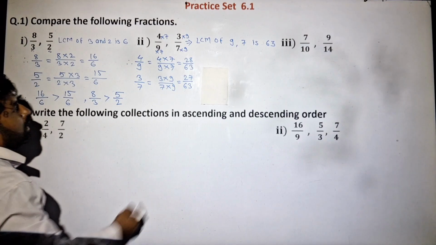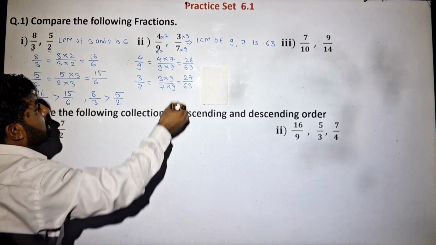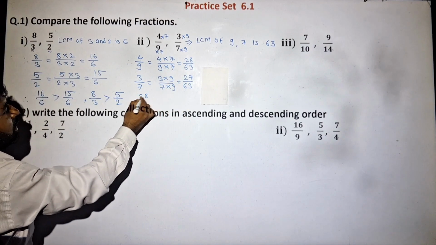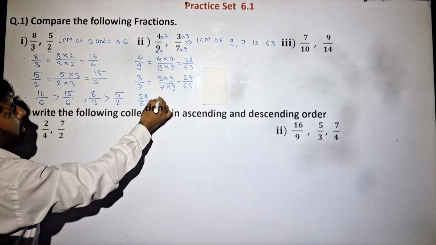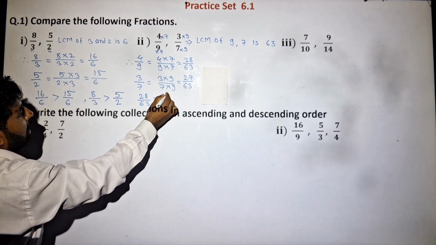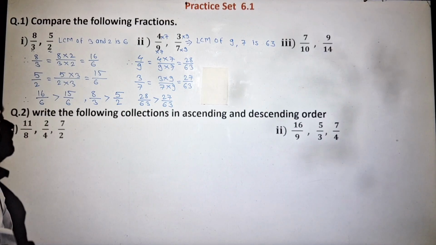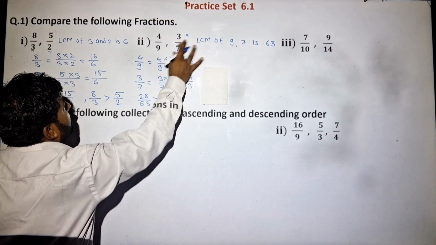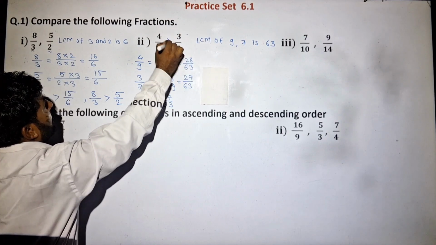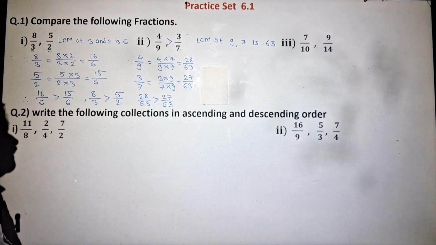Here 28 by 63 is greater than 27 by 63. Therefore 4 by 9 is greater than 3 by 7.